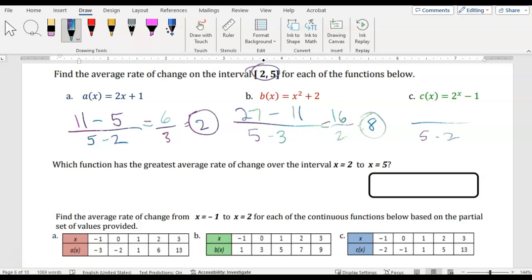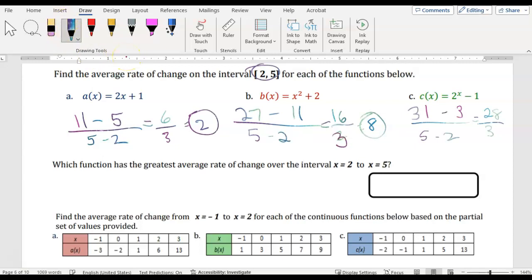And then lastly, if I plug in 5, we get 2 to the 5th power. 2 to the 5th power is 32. Minus 1 is 31. Minus 2 to the 2nd power, 2 squared, is 4. Minus 1 is 3. So this would give me 28 divided by 3. I just realized I wrote this wrong. This should be minus 2 as well.